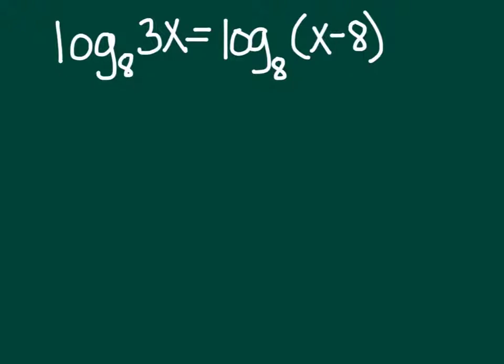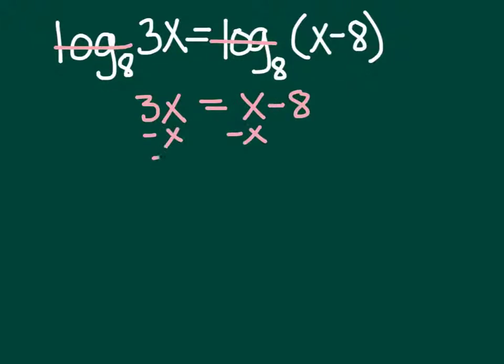Okay, our last one, log base 8 of 3x equals log base 8 of x minus 8. So you see that we have one log base 8 on both sides. We can cross them out and we can write 3x equals x minus 8. So if I took away x from both sides, I'd get 2x equals negative 8, divide by 2, x equals negative 4.